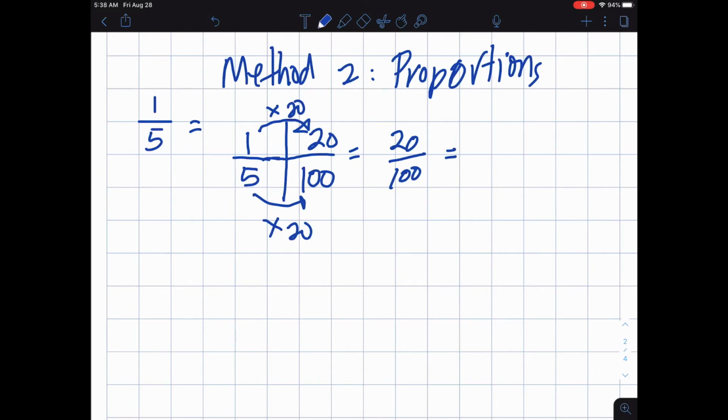Or, remember, as you read it, that's 20 hundredths. Simply put, that is 0.20. 0.20 or 20 hundredths. Okay? Maybe some of you are saying, now, Mr. Cruz, that's so easy. I know 1/5, that's 0.2 or 0.20.